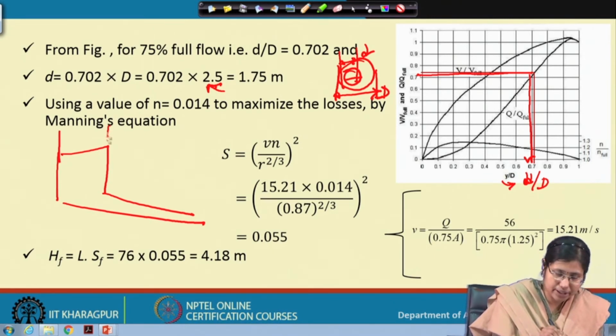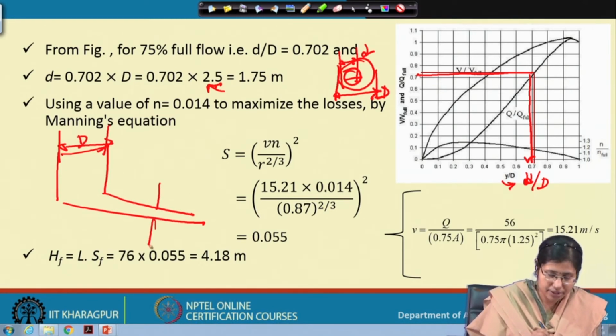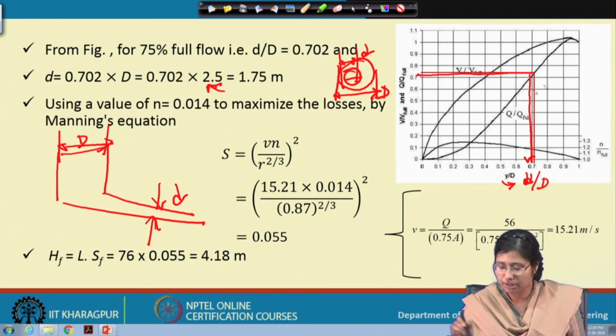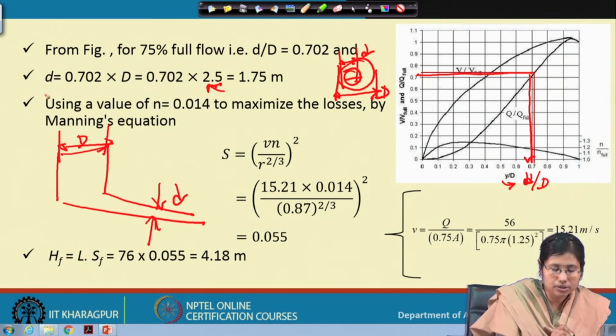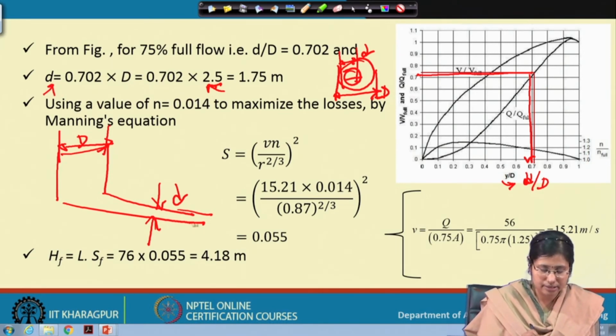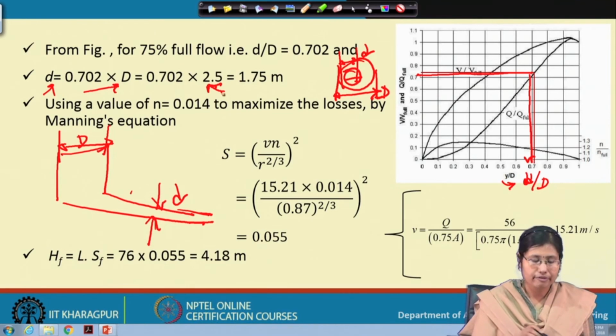So, this diameter is bigger, this one is capital D, and this diameter is the small d. This ratio is given by this kind of graph. So, small d, that is the diameter at the transition point, is a function of 0.70. So, here the diameter is 2.5.